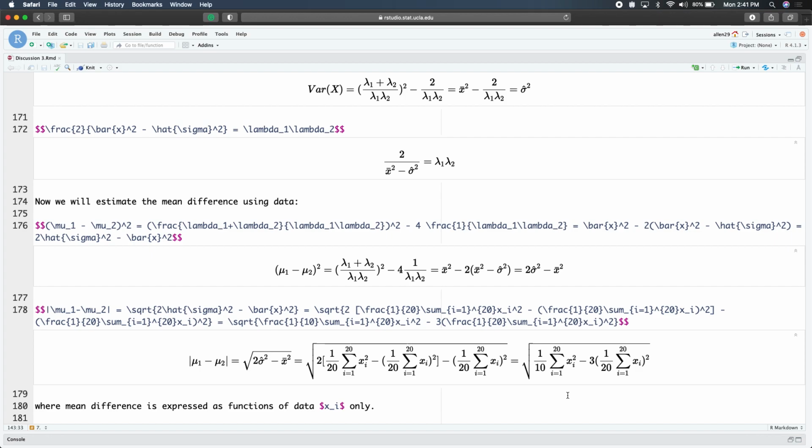But in the end, the mean difference can be expressed as a function of data only. So that answers the question: based on the same data, are we still able to estimate the difference? The answer is yes, and here is the estimation based on the data.